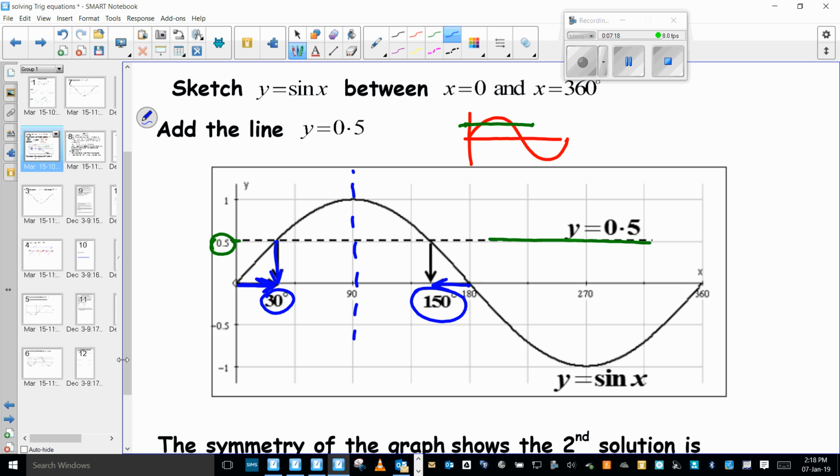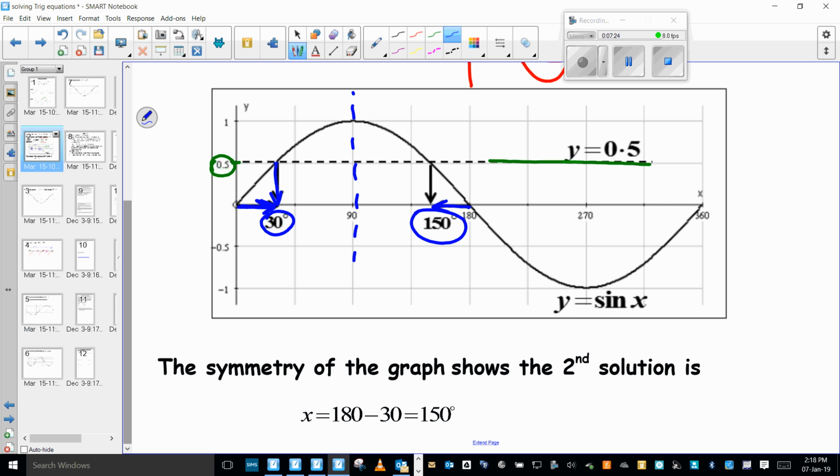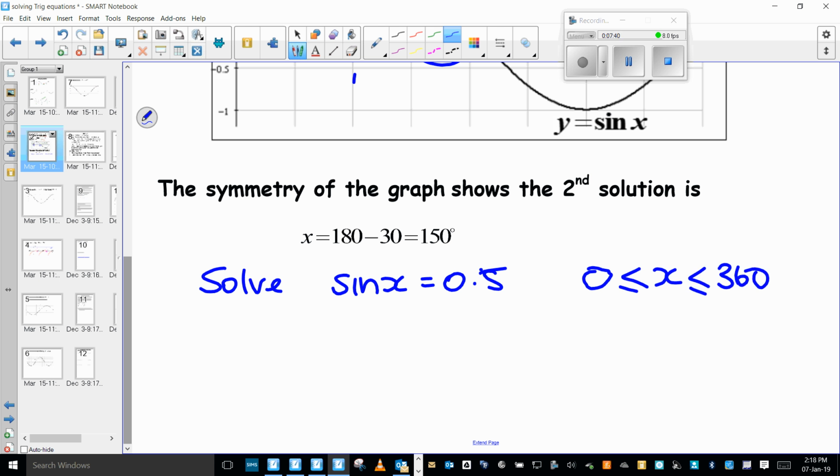Okay? So far, so good. So the symmetry of the graph shows the second solution is at 150. So if we were given the question, solve sine x equals 0.5 from values between 0 and 360, we would give our answers as 30 and 150. Okay, that's what our answer would be.